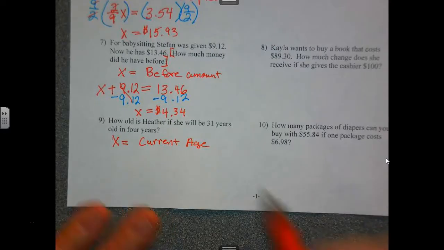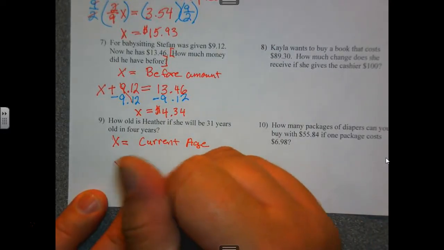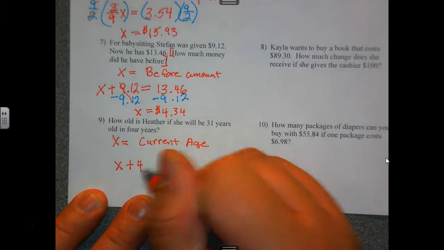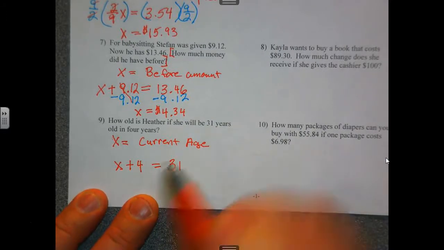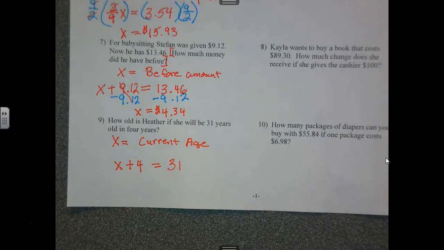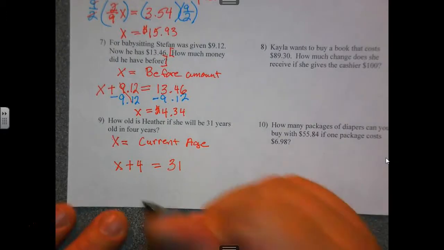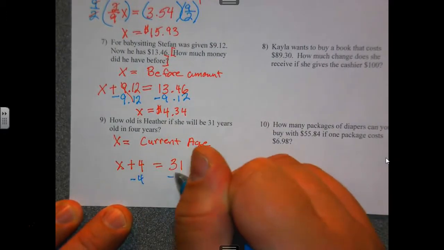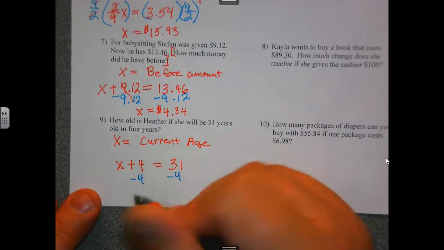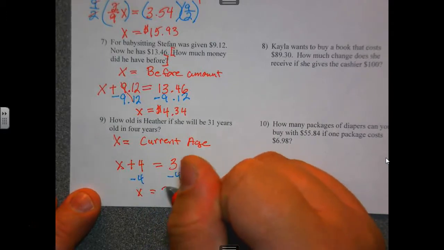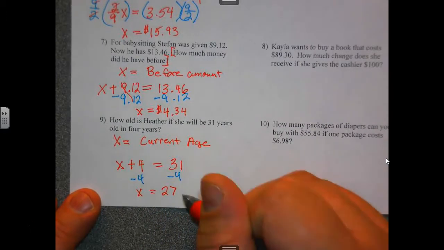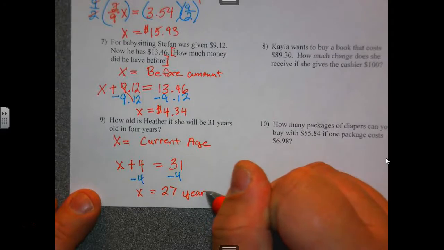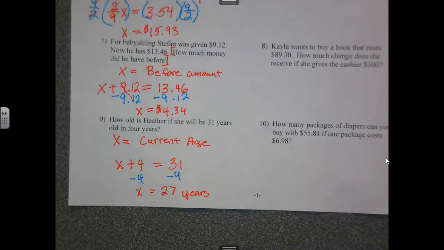Okay, so in 4 years, so we're going to add 4, she'll be 31. Subtract 4 from each side. You're going to get 27 years old. Yeah, again, the answers you can do in your head. It's setting up the algebra at this point. Okay.